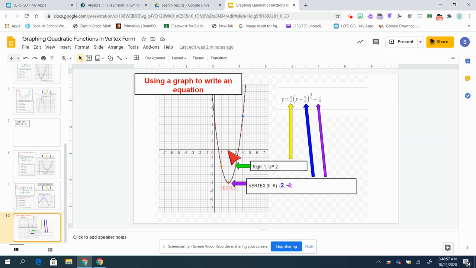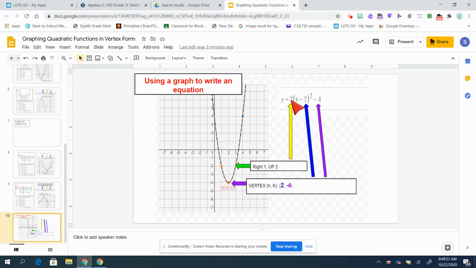That is a +2 and a -4, but we know that when we write our h value, if we go to the right 2, we have to put a -2, the opposite of what we think, excuse me. And our k value, we went down 4, so it is a -4.